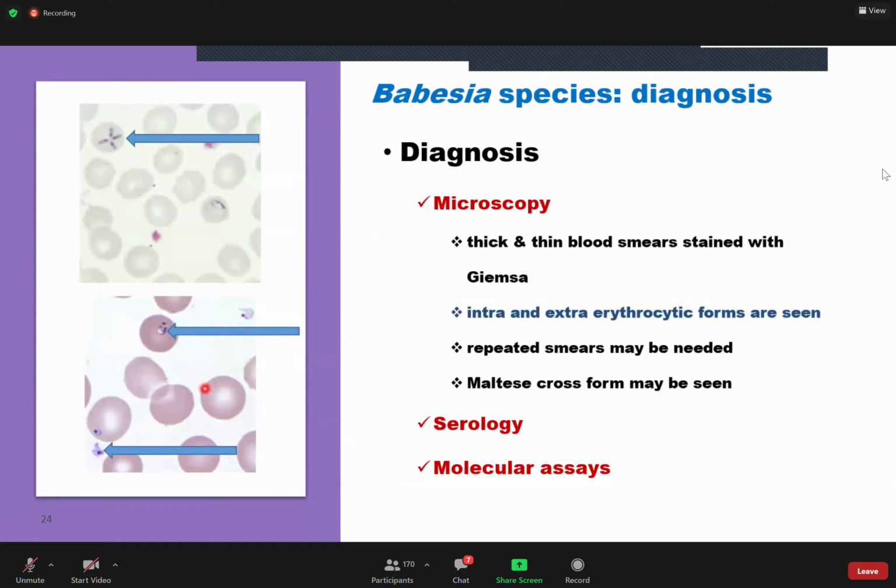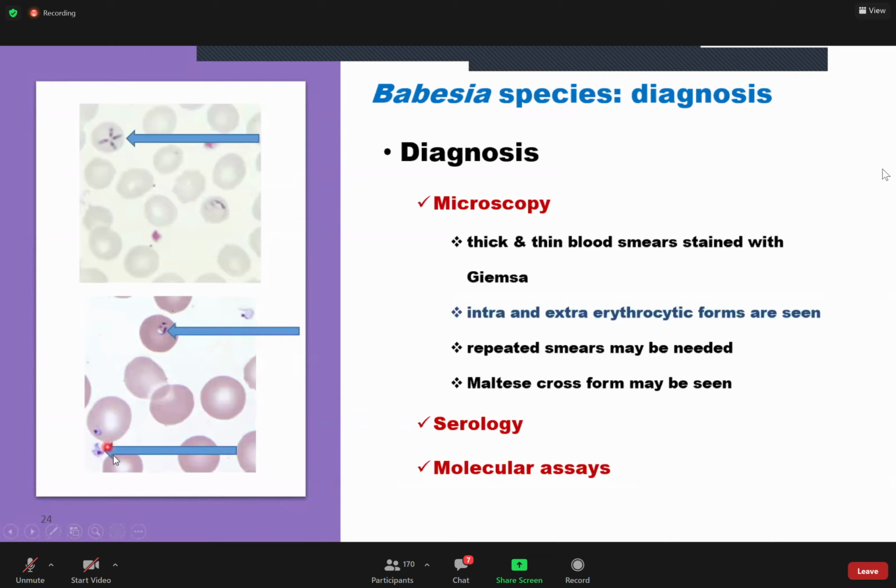It is actually a space that can help you differentiate Babesia from Plasmodium trophozoites. This is not something that we see with Plasmodium species, but it is associated with the trophozoites of Babesia. So you need to be a trained microscopist to be able to appreciate this.